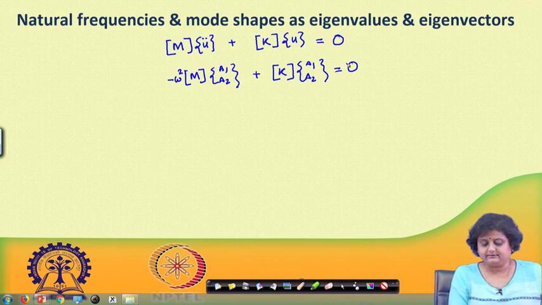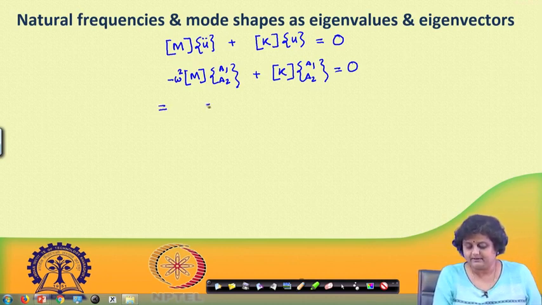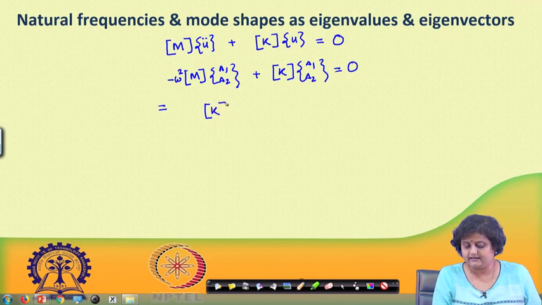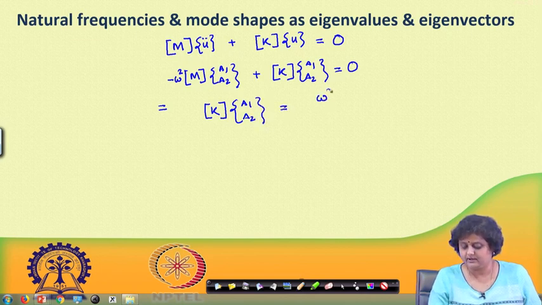So, this further can be written as k into A1 A2 equals omega square m into A1 A2.